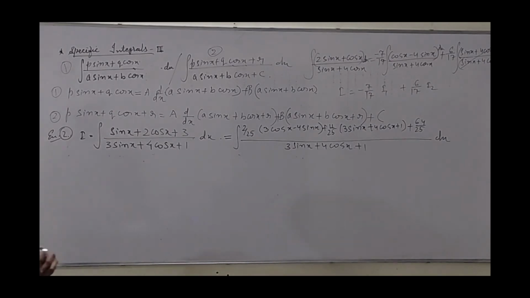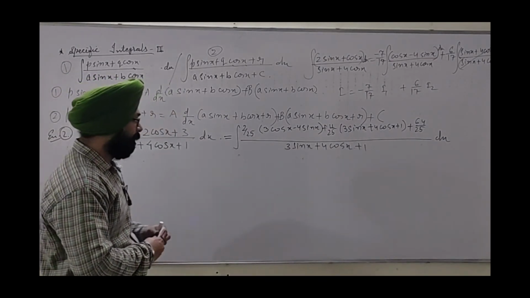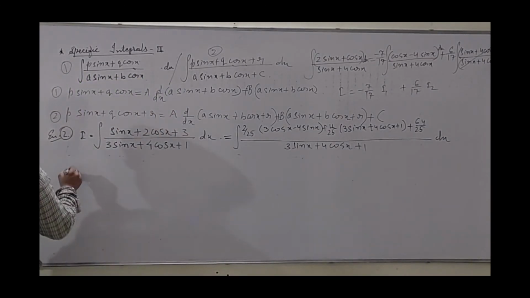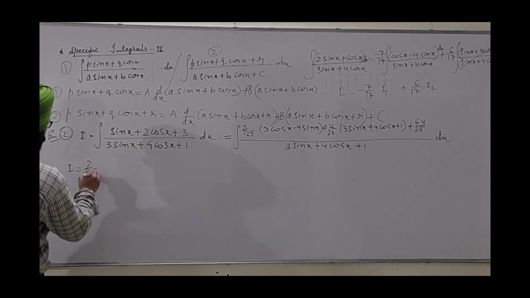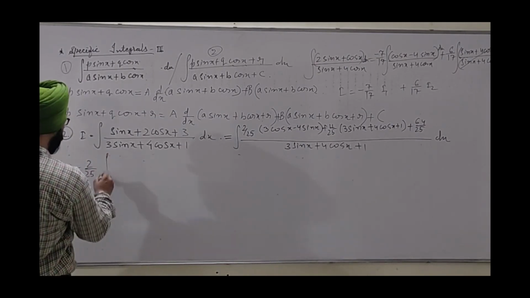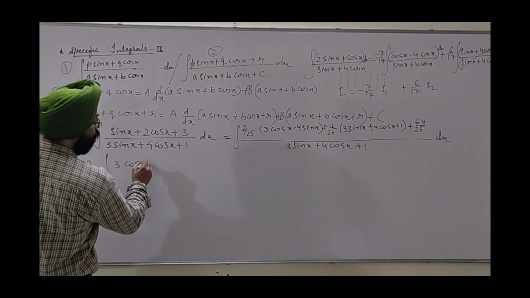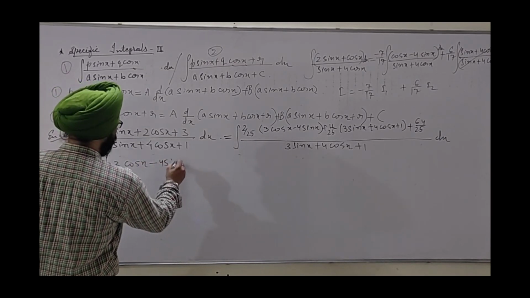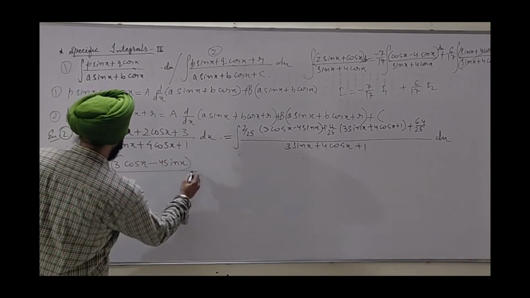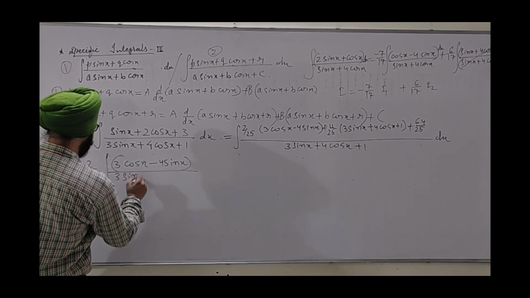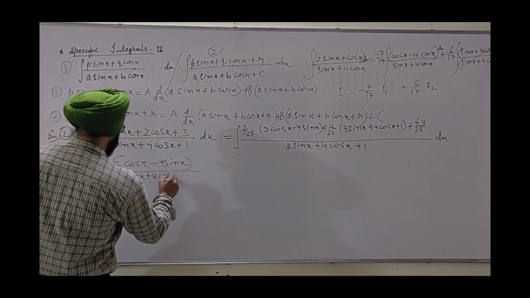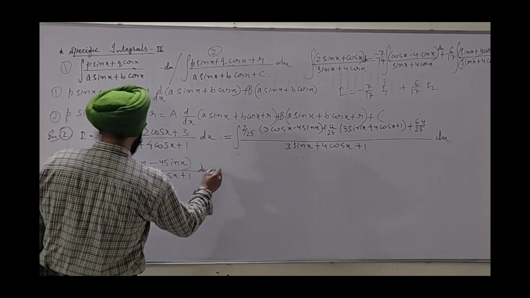Now, next, when I separate this denominator, I get three terms of integral. First will be 2 upon 25 integration of (3 cos x minus 4 sin x) divided by (3 sin x plus 4 cos x plus 1) denominator.